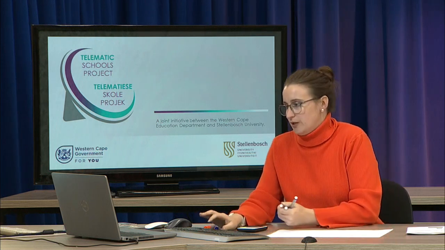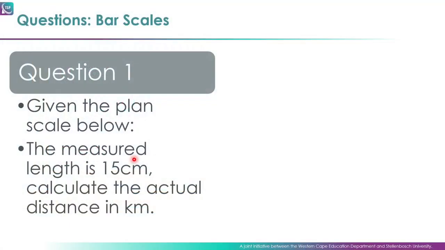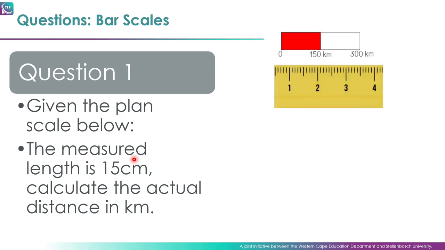So if we look at the next question, question 1 says, given the plan and the scale below, they give us the measured length being 15 centimeters. We know that is the length on the map. And they ask us to calculate the actual distance in kilometers.